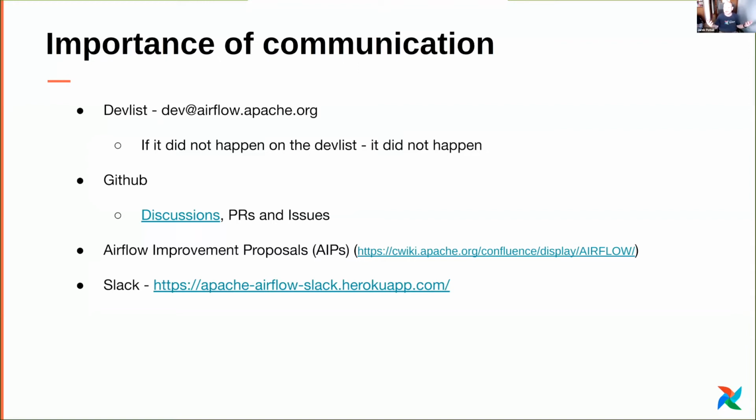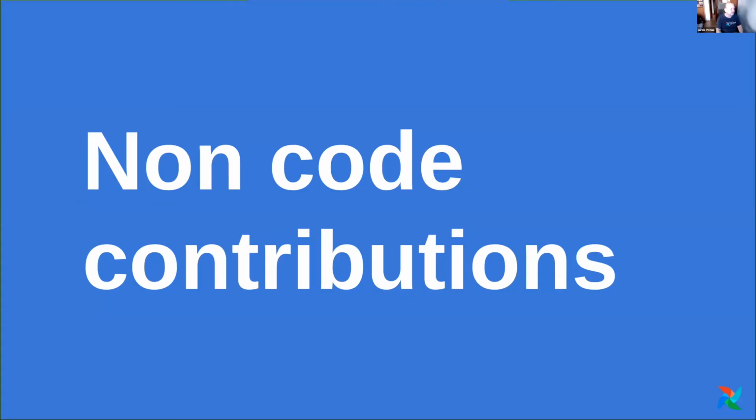There is no background chatter or shadow decision making. Decision making happens in public. This is super important. Unlike in many companies where there are shadow ways of deciding things, in Airflow everything is transparent, public, and publicly communicated, as in any other Apache Software Foundation project.